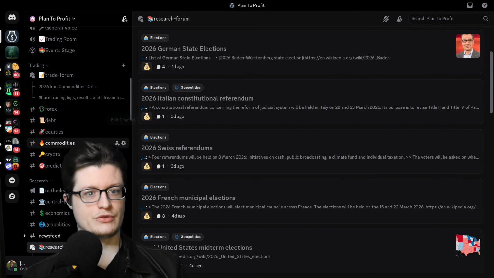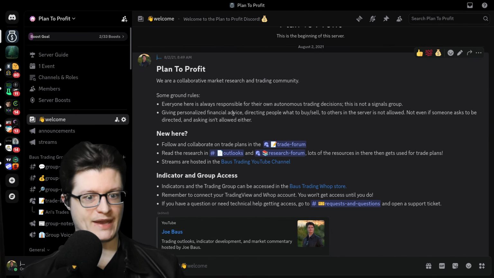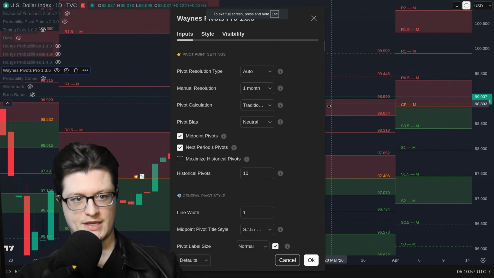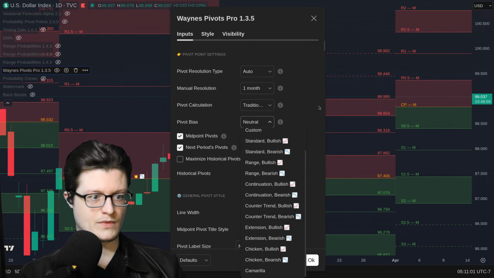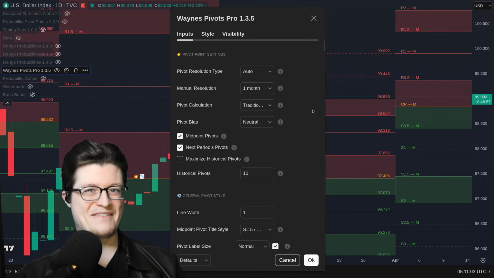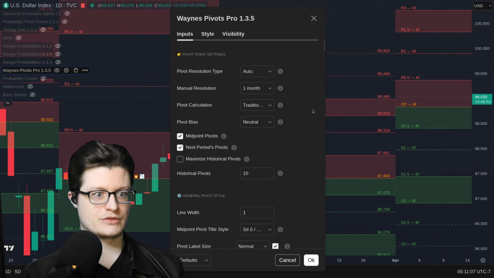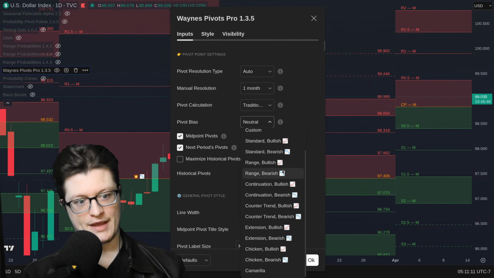What I like to really explain, and how I'm going to tie this back to the pivots: when you go into this indicator and you look at this pivot bias setting, you have to have an expectation of what's going to happen next to discretionarily set this setting and pick the correct one.